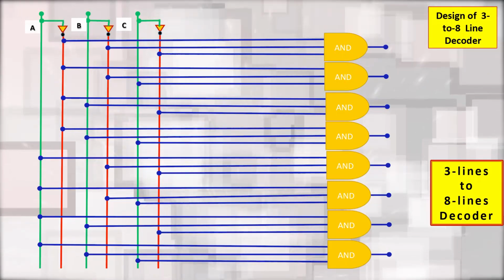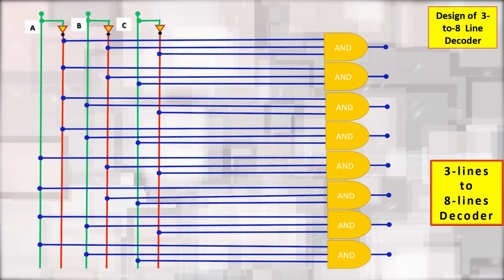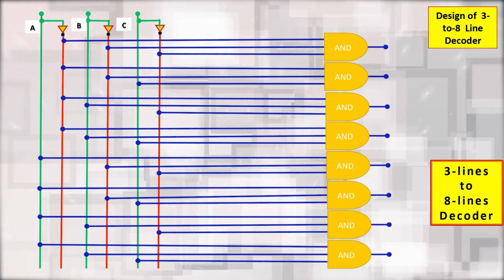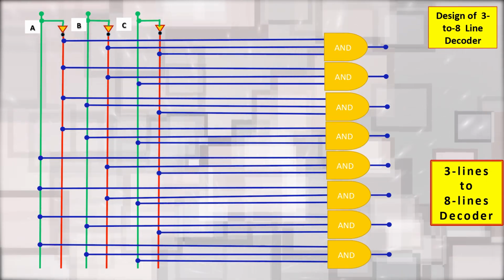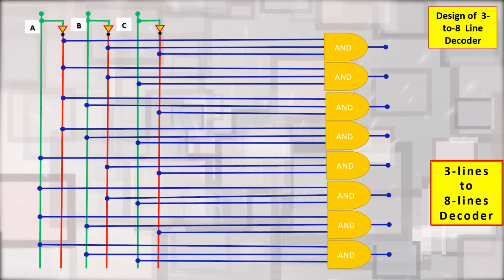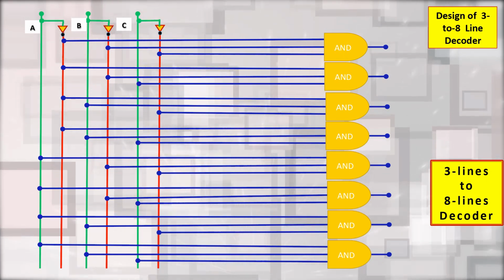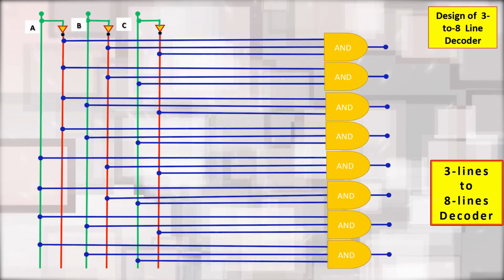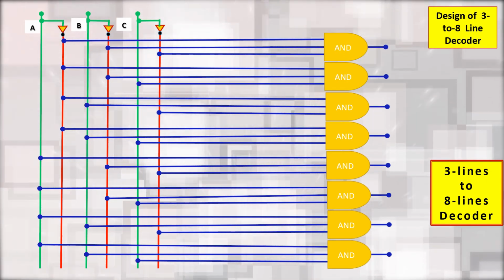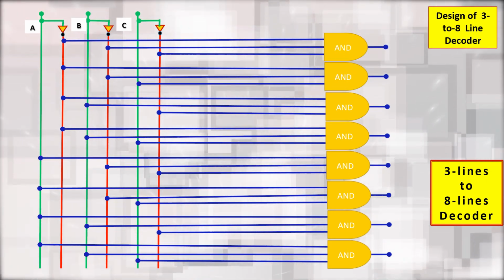The implementation of 3 to 8 decoder can be done using AND gates and NOT gates. The input A will be directly connected to the inputs of the AND gates, then A bar will be connected.